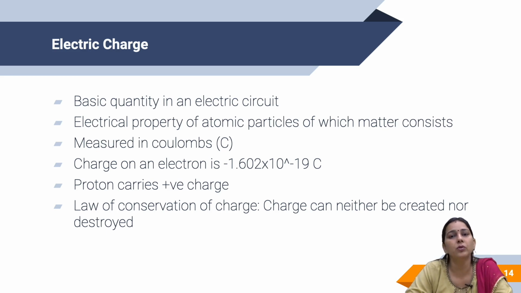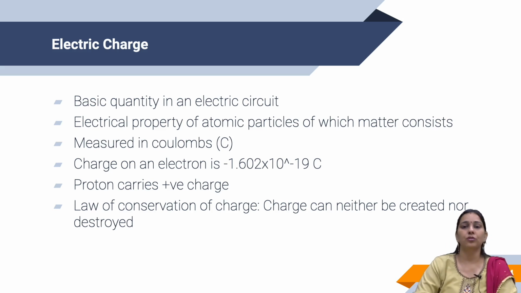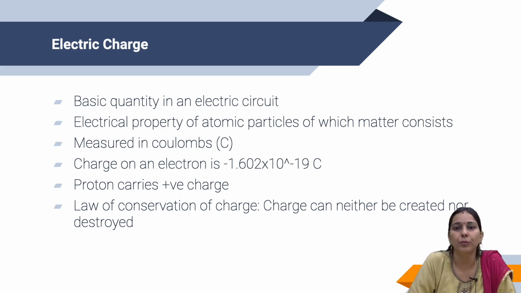When we are talking about the electrical property of atomic particles, of which matter consists, here comes the charge. So what is the unit of charge? That is the coulomb, denoted by capital C. The charge on an electron is given by minus 1.602 multiplied by 10 raised to the power minus 19 coulomb.